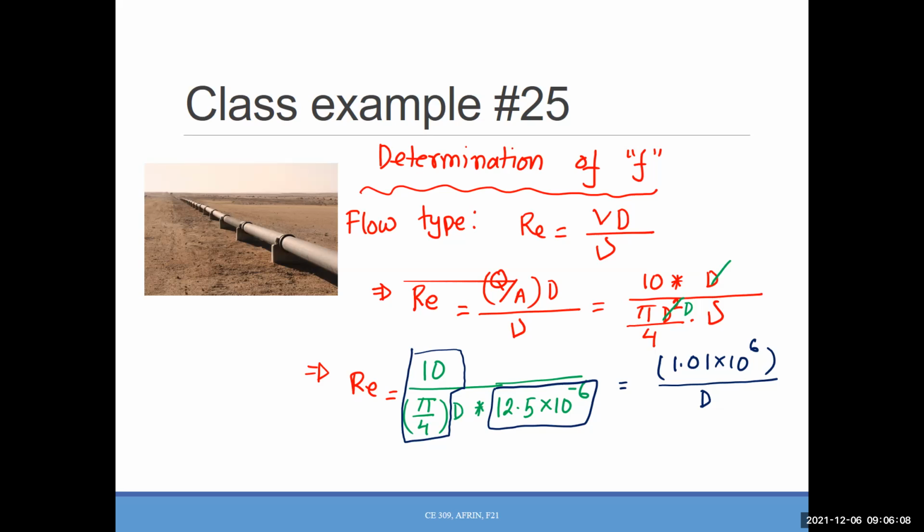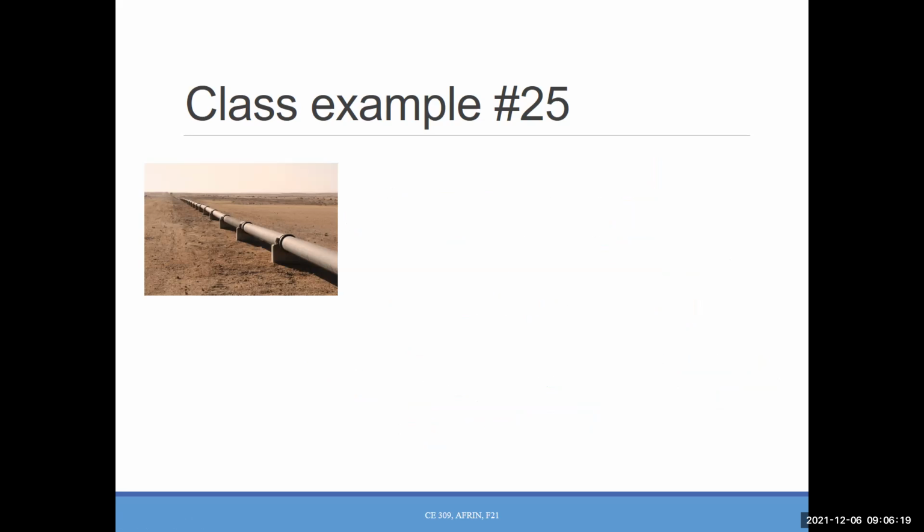As we already know, we will assume the friction factor F. In your next semester's water resource engineering course, you will see we use another equation for pipe distribution called Hazen-Williams, and you will love that equation because there is no trial and error. But that's for the next course. Here we have to deal with this one.